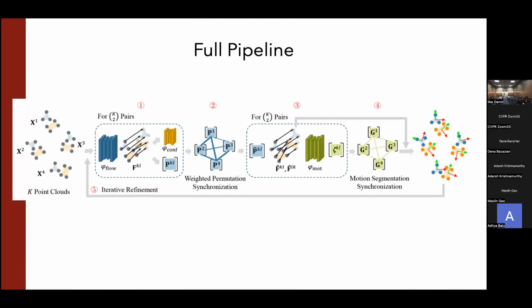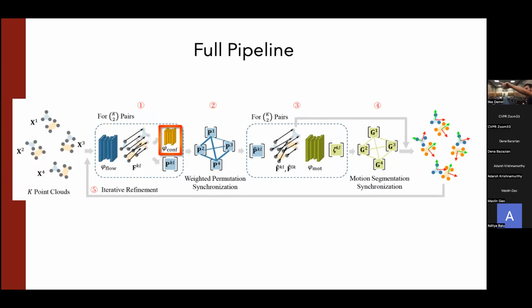So let's look at the full pipeline, how we do it. We are given k point clouds, and for each one, we compute this flow vector, so the pairwise correspondences basically, and we send them into a neural network to compute confidences. Let's put it this way.